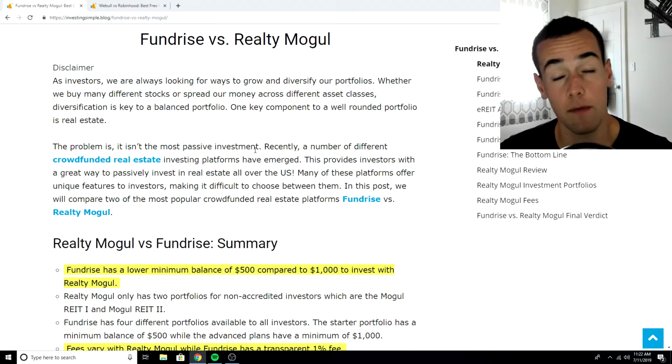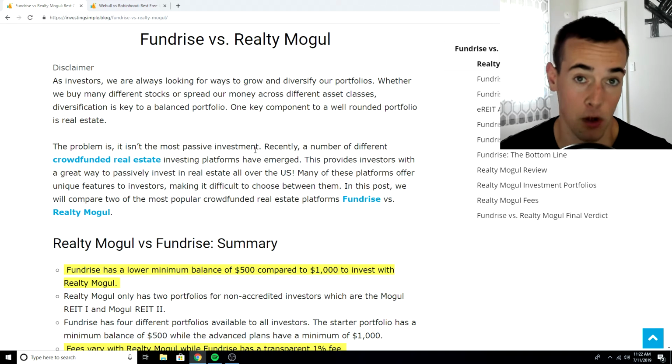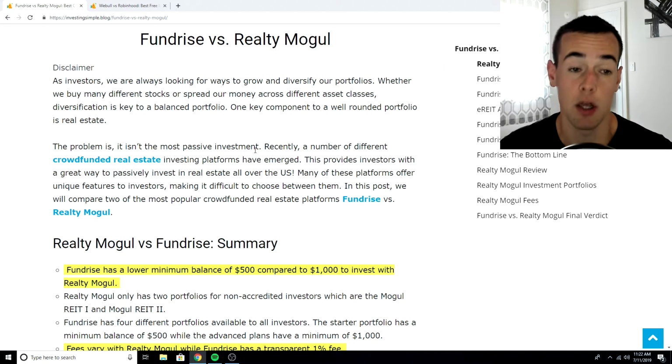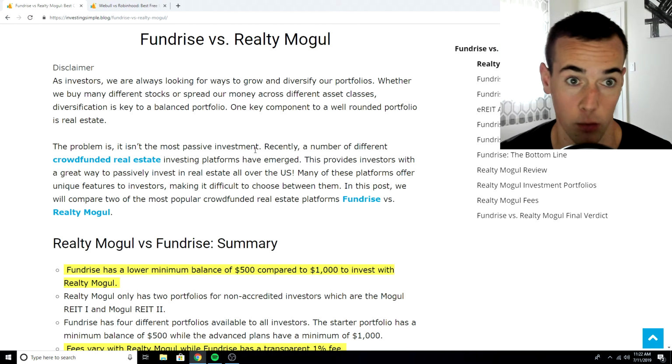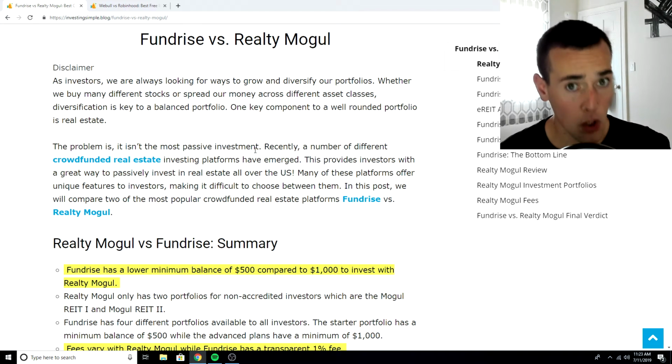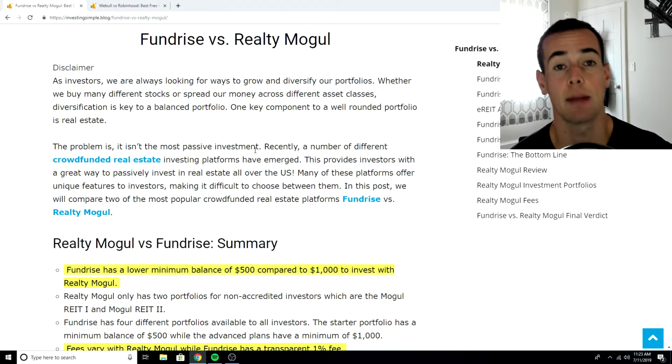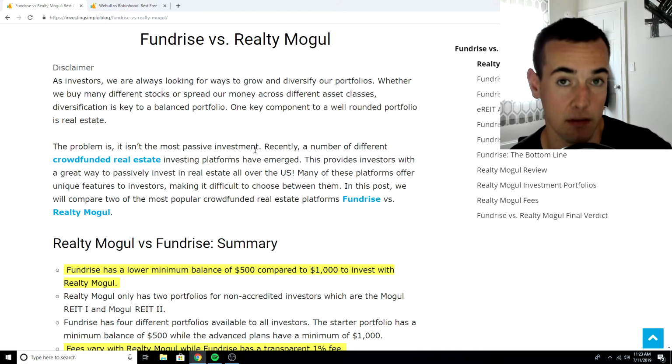So if you're not familiar with what these platforms are, essentially Fundrise and RealtyMogul are these crowdfunded real estate investing platforms. So essentially, you are pooling your money together with people from all over the United States and purchasing private real estate investments.